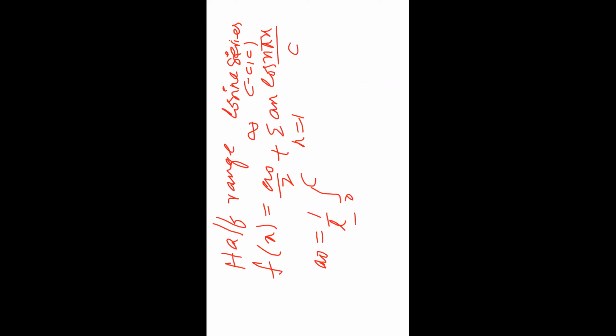Here, the limit starts from minus c to c. So, if the function f of x is even, we have to change the limits from minus c to c into 0 to c.